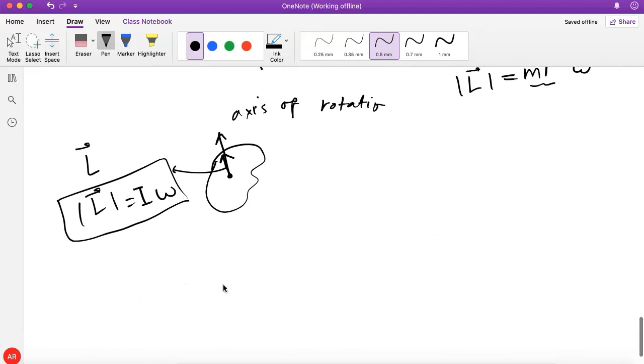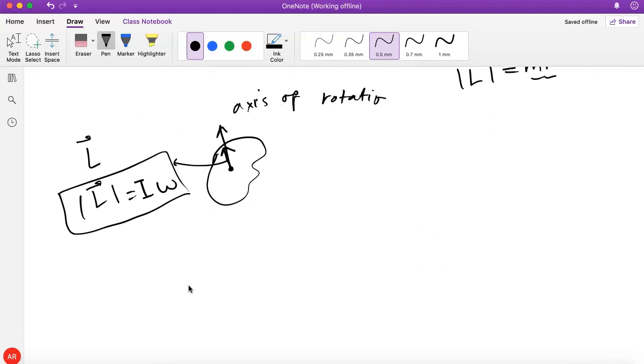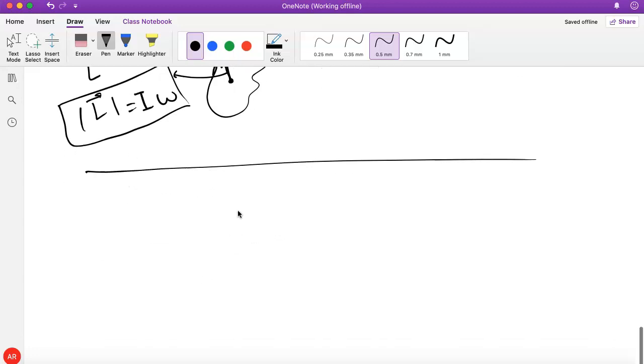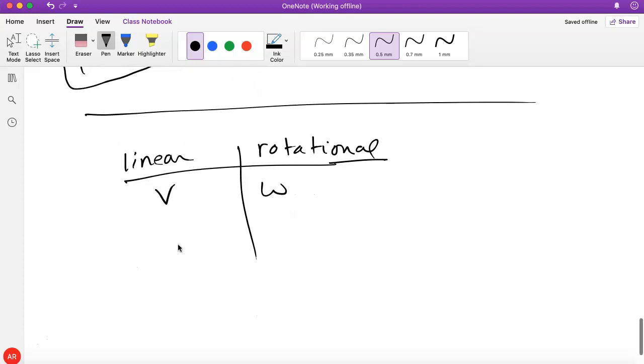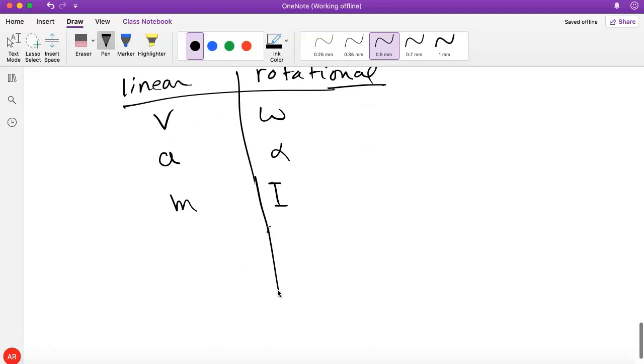All right, so this is a very natural and useful definition of angular momentum. Now, of course, you can guess another equation, right? Remember going to our table, I keep repeating this, but it's good to have this analogy in mind. Linear and rotational: velocity, omega; acceleration, angular acceleration; mass, moment of inertia; force, torque.